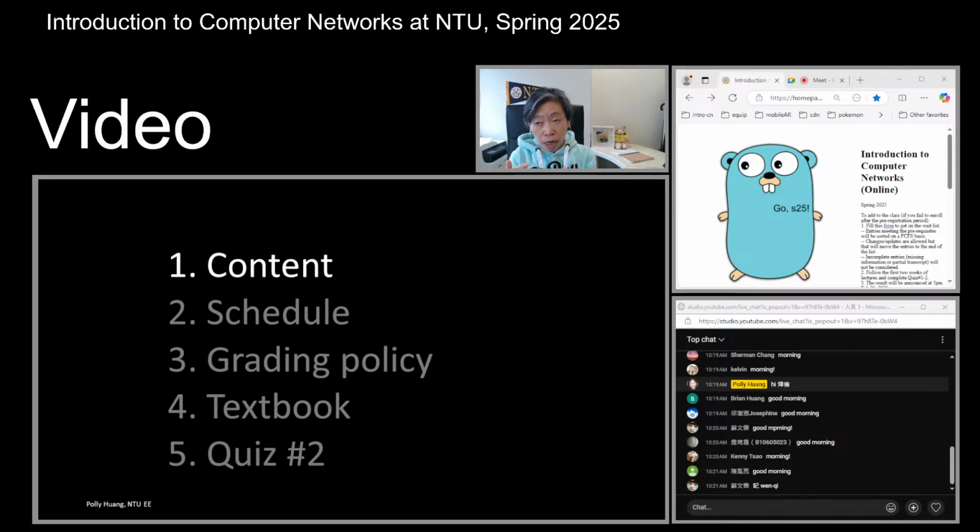Once you get used to the format of the lecture, then we can pick the speed up. The second half of the topic is finally, let's start by talking about the internet. The second half today is going to be a very, very high level view of what the internet is. Good. Now the first topic, content of this course.